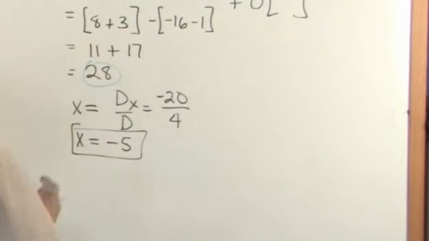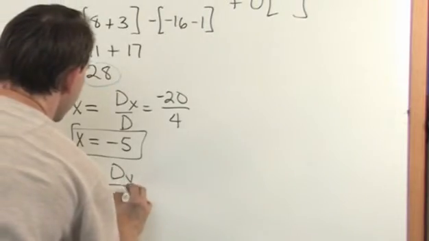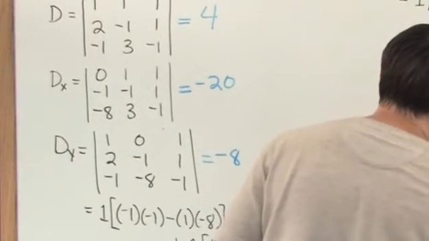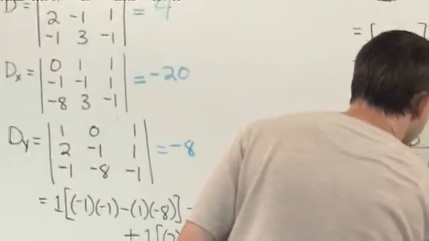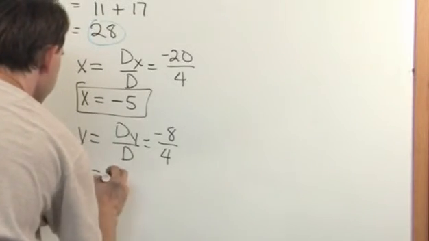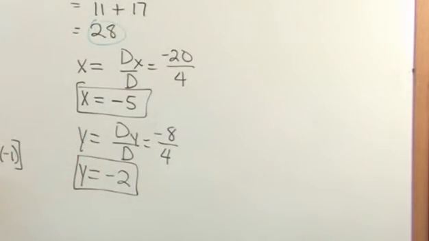That was the value of x, was negative 5. Okay? Y was equal to d sub y that we just calculated over d. D sub y we found to be negative 8. And the big D that we found before was 4. Okay? So y was going to equal negative 2 here. Y was equal to negative 2, and that's correct.